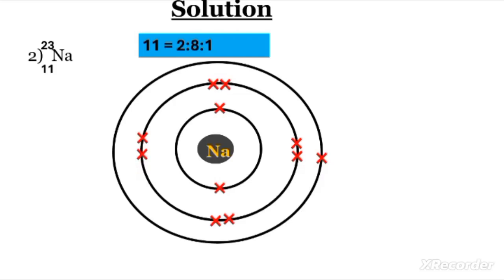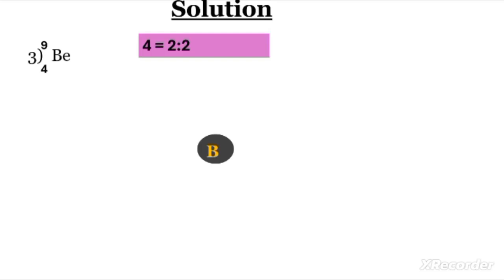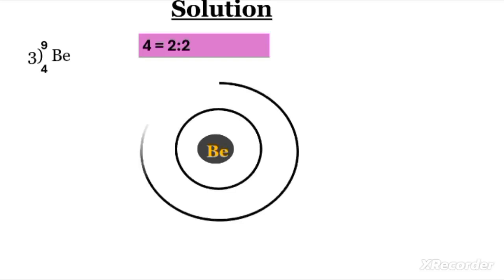Okay, let us move to the next element or the next nuclide. We have beryllium. So the proton number or the number of electrons here is 4. So we are going to say 4 is equal to 2, 2. Okay, so we have the nucleus, and this nucleus is surrounded by two shells, the first shell and the second shell.